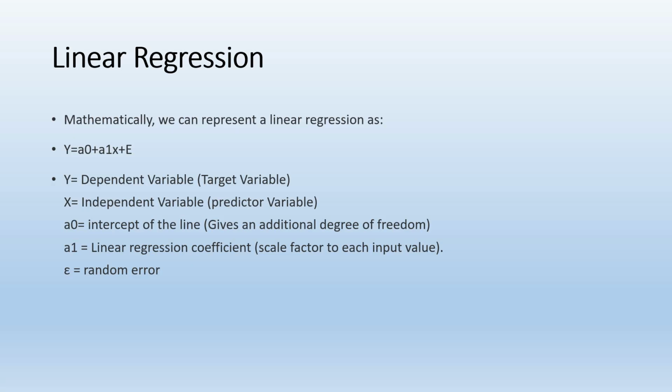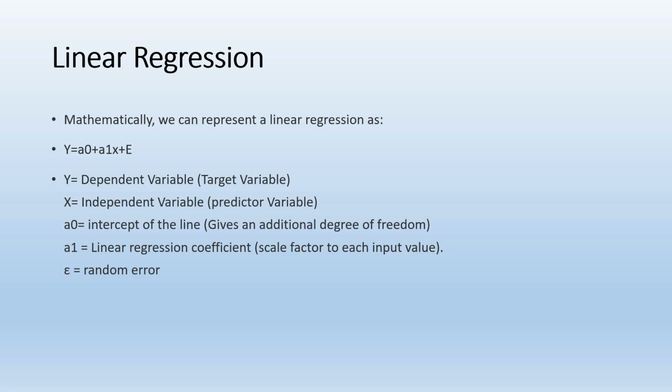These y are many number of values, and x is the independent variable which is going to be predicted. And what is a0 here? It is the intercept of the line, a1 is the linear regression coefficient, and sigma is the random error.